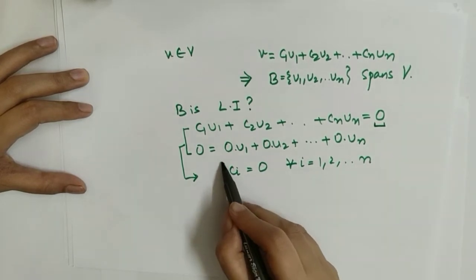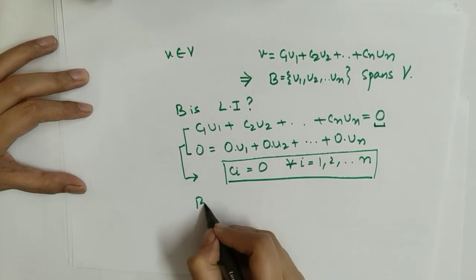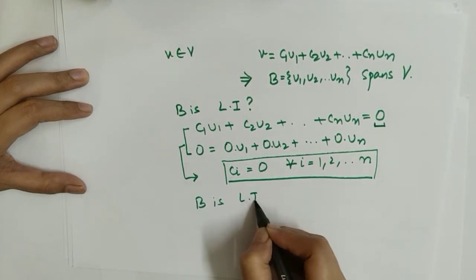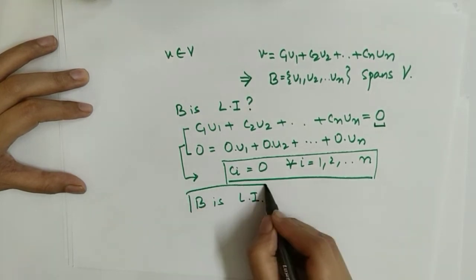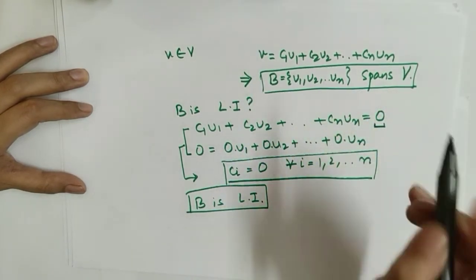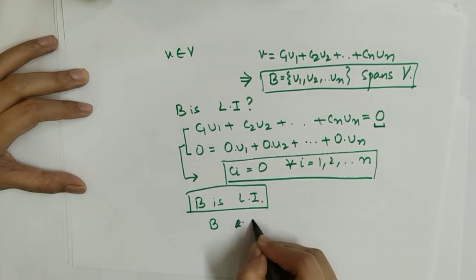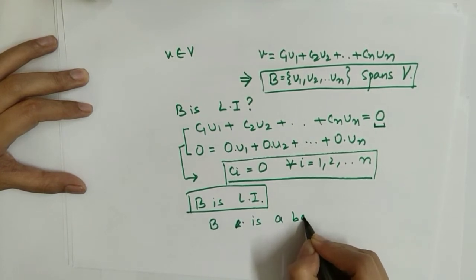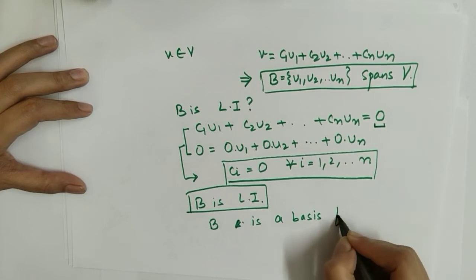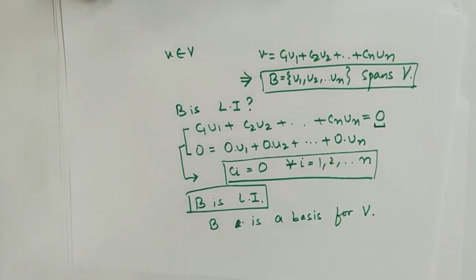Since Ci is equal to 0 for every i going from 1 to n, this means that B is linearly independent. Now B is linearly independent, and B spans V. So these two statements together say that B is a basis for V, which is the required result.